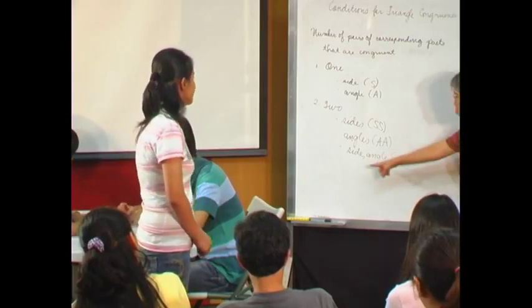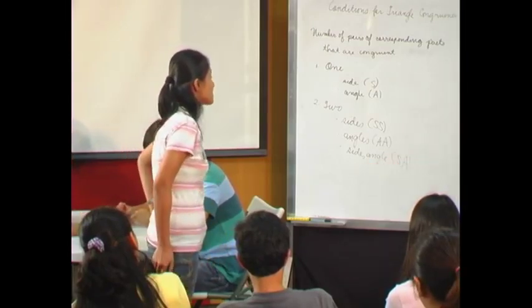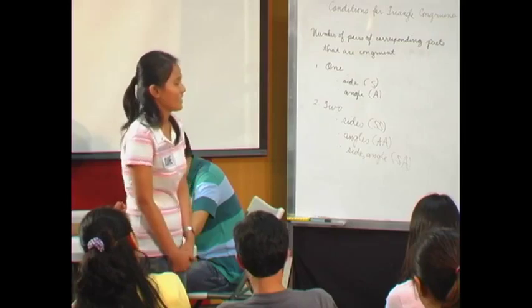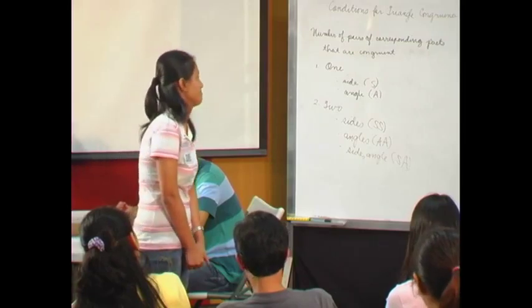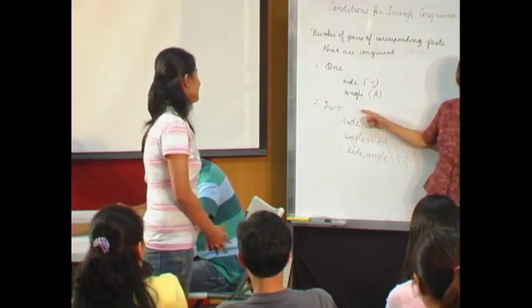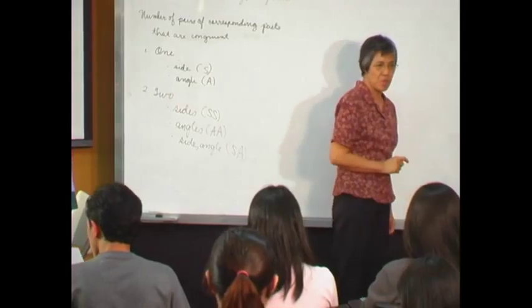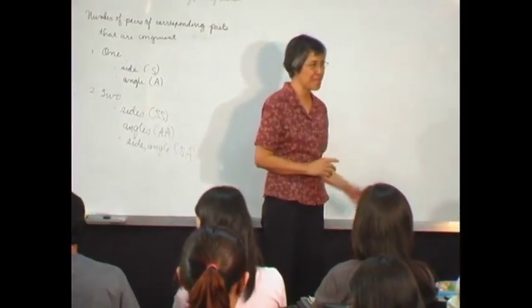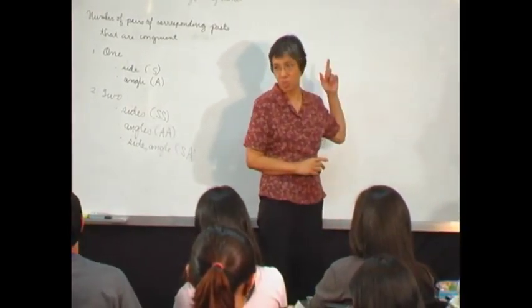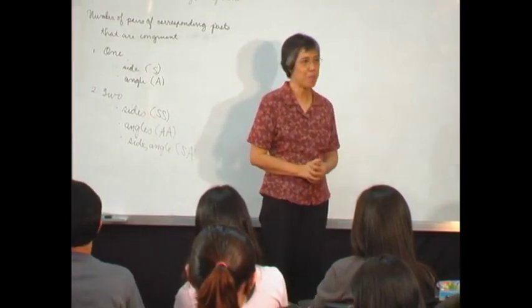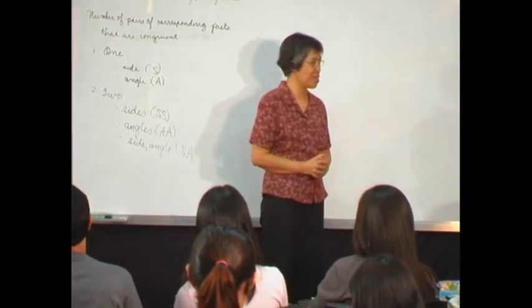Given those parts, we still cannot construct two congruent triangles. So in other words, when we only have two, we still could not be sure that the two triangles would be congruent. Could you please tell me the different cases that we need to consider for the three pairs of corresponding parts that are congruent?